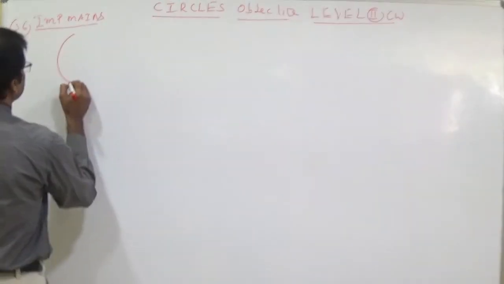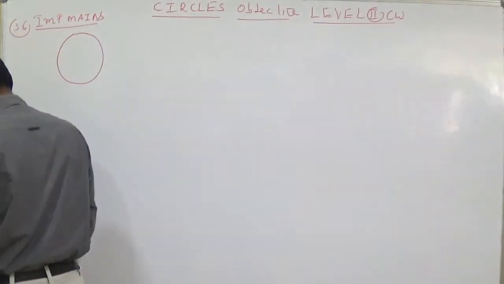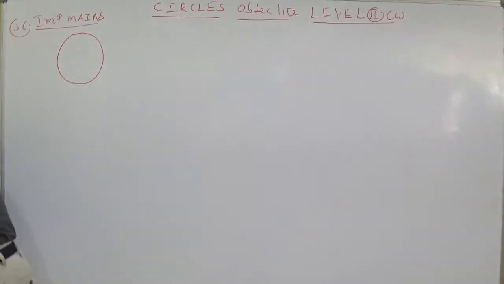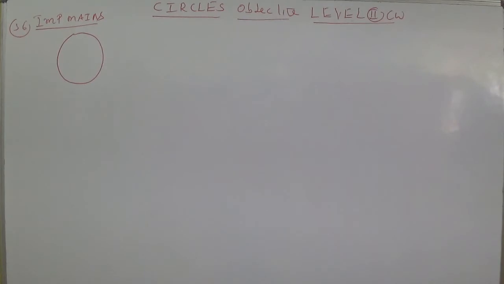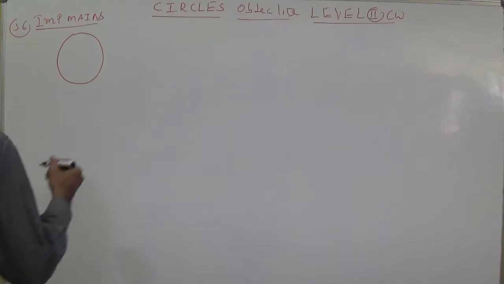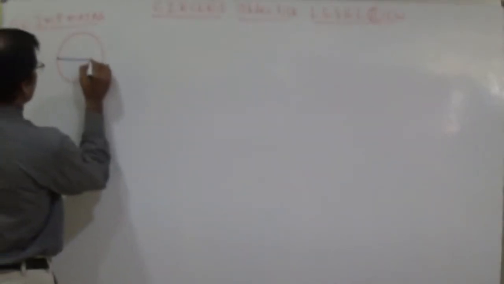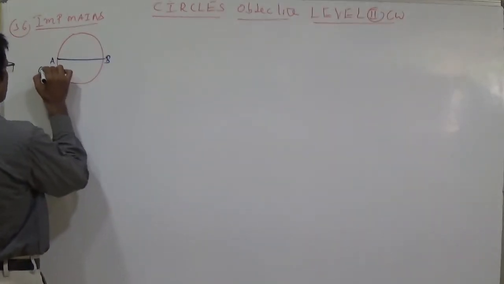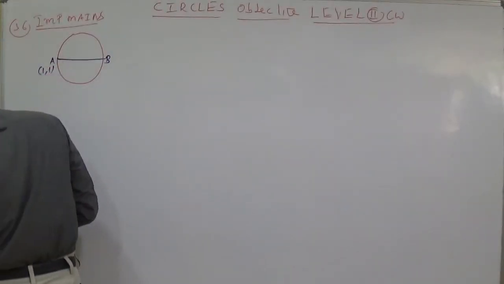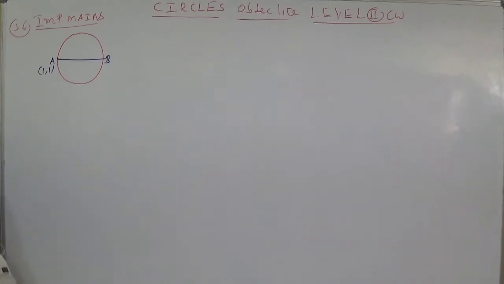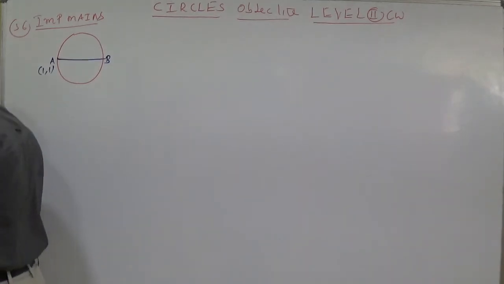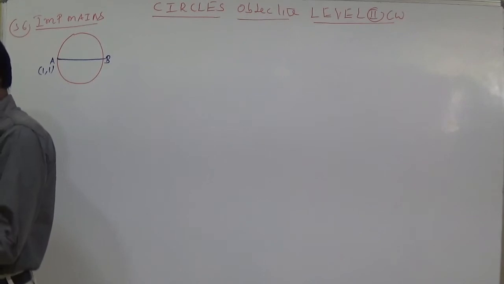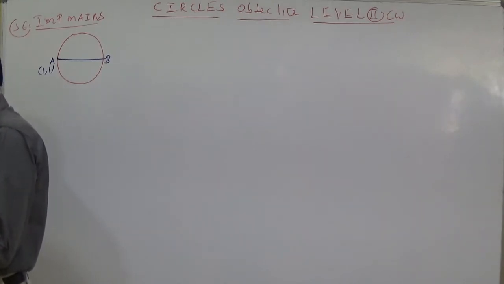Draw a circle. The circle passes through A(1, 1). So you should calculate the locus of the other end of the diameter through A. A(1, 1) is given, a circle passing through (1, 1), and you should calculate the locus of the other end.